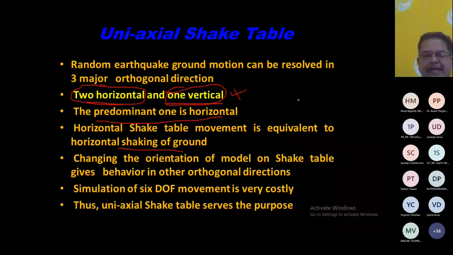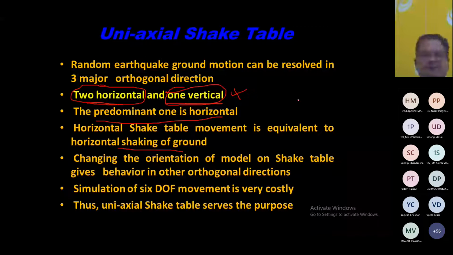The code says that you have to consider 1 direction at a time, right? So what we do here, we test our model in 1 direction, right? And then we change the orientation of the model by 90 degrees. So with the use of the uniaxial shake table, we can test the same model in the other direction, right? So if you have a uniaxial shake table, that is the primary requirement.